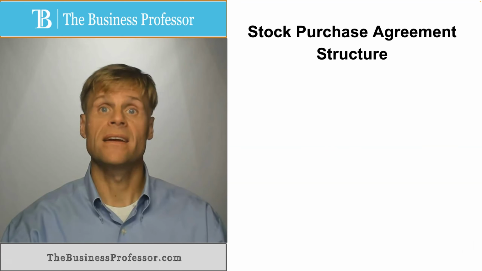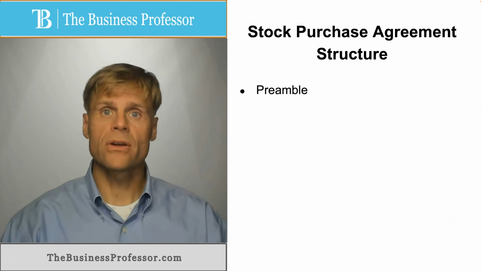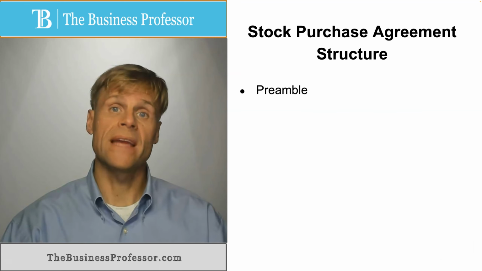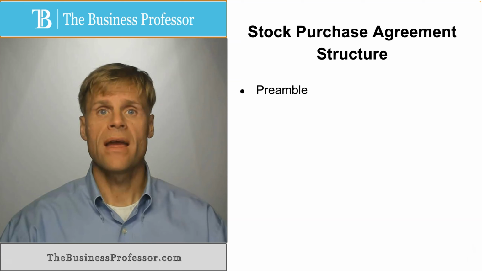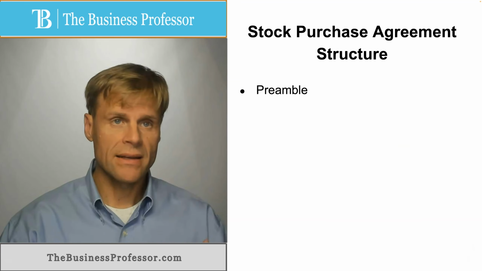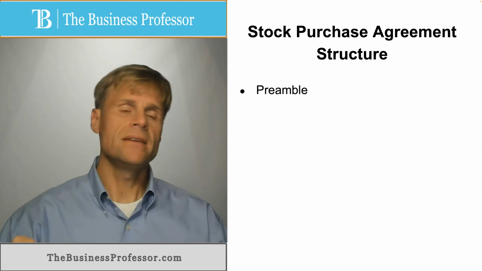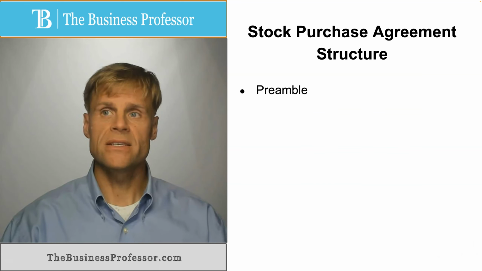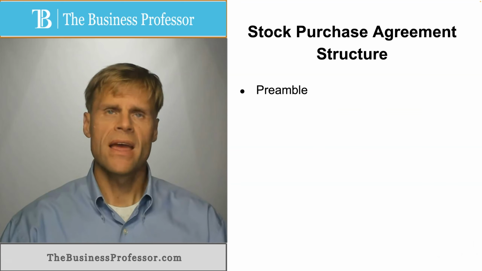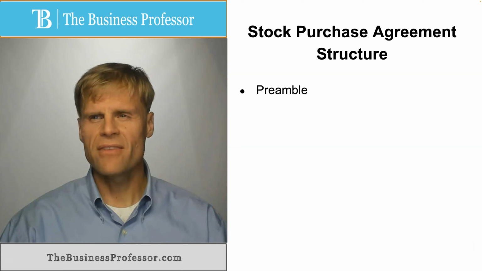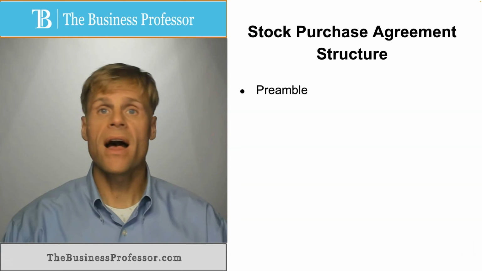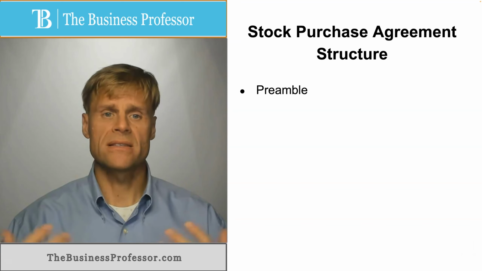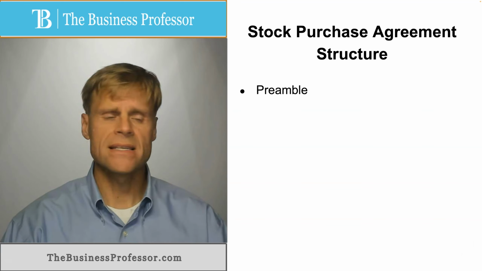It is a contract. Like any other contract, it begins with the preamble. It simply states who the parties are and where they are located, things like that. These are not enforceable provisions. These are identification provisions. After that, you'll sometimes have recitals, which is, again, the scenario or context in which this agreement is taking place.